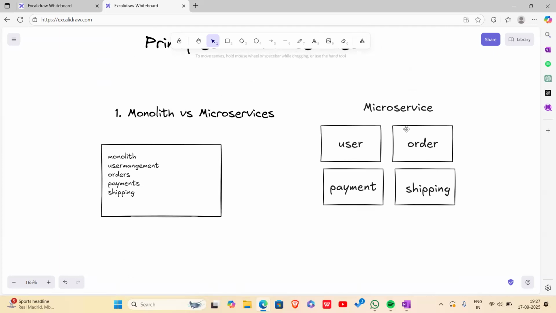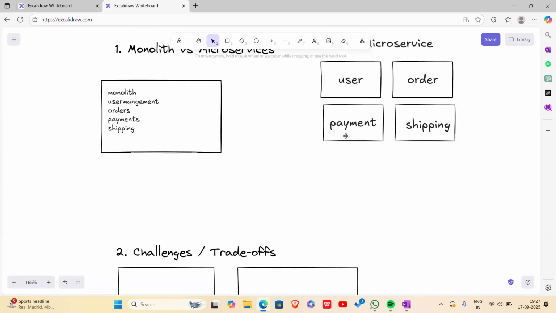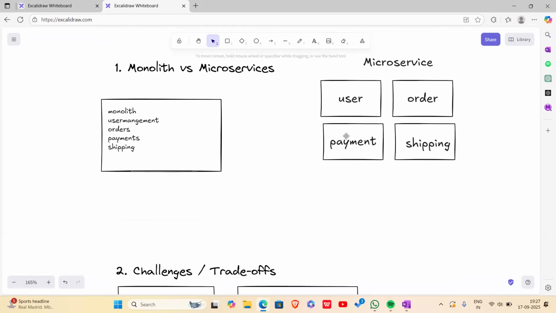So let's discuss this a little more deeply. Basically, all these services come under one monolith. All these categories of functions are coming under one monolith, that is user, orders, payments, all running under one service.